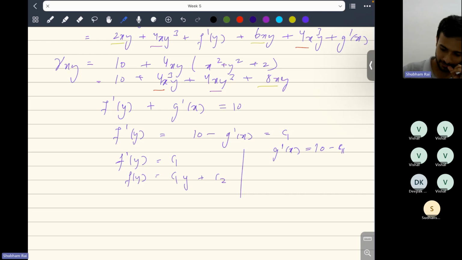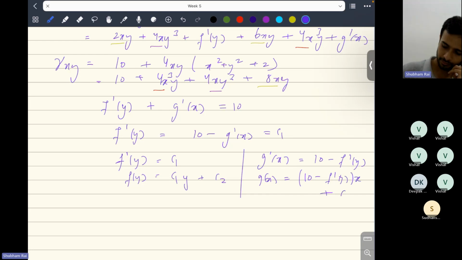So g prime x is nothing but 10 minus f prime y. So g of x will be equal to 10 minus f prime y times x plus c2.